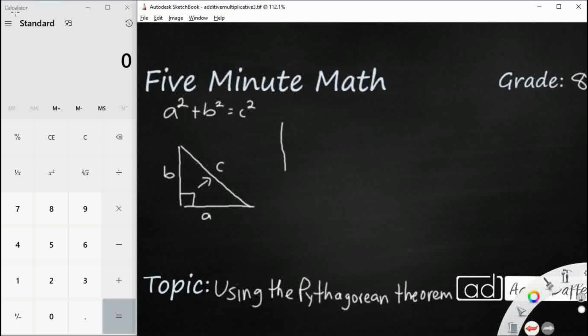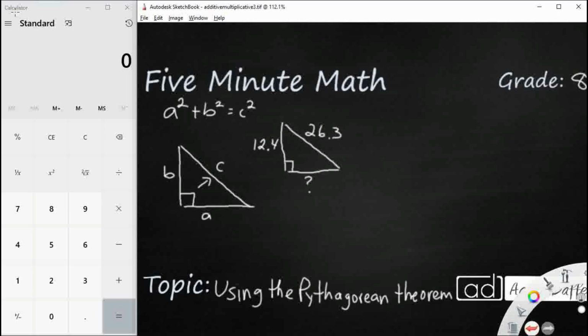We'll start with something basic. It might say, all right, you get yourself a right triangle here. I'm not going to worry too much about units. Let's say this side is 12.4, and this side is 26.3. The question is, what is that missing side?